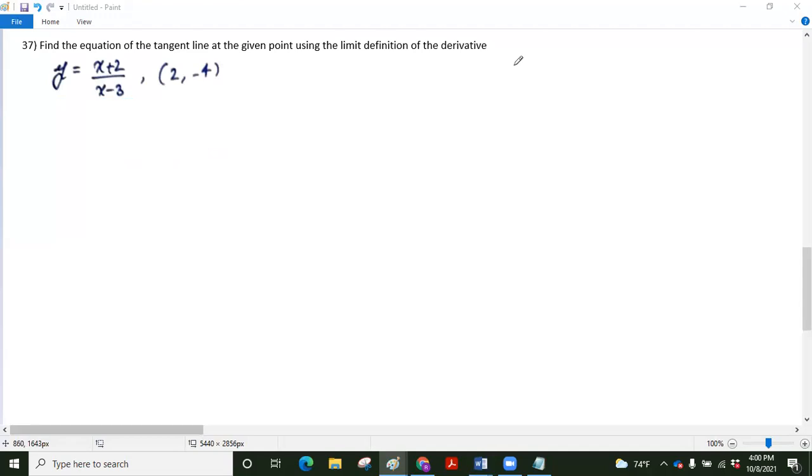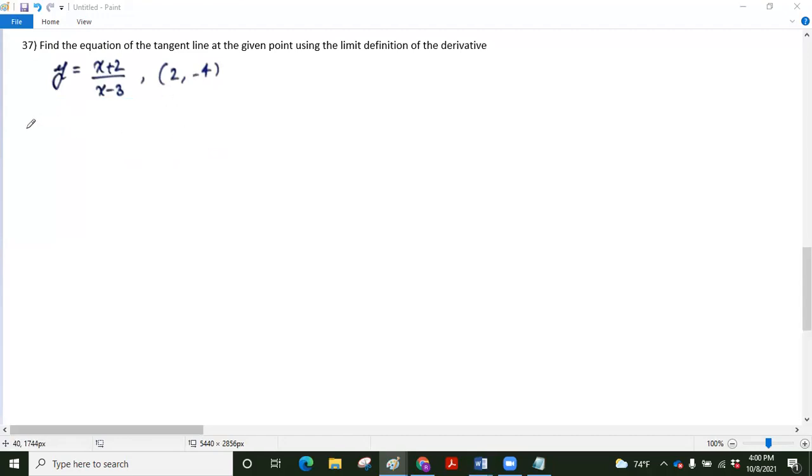Once we have the derivative function, we're going to plug the x value into it, and we're going to use that as our m. The m will be considered as the slope, and it will be put in the tangent line formula. And then we will be able to find the equation.